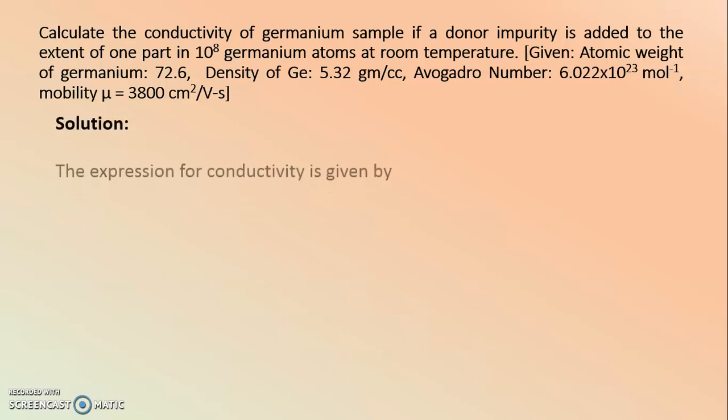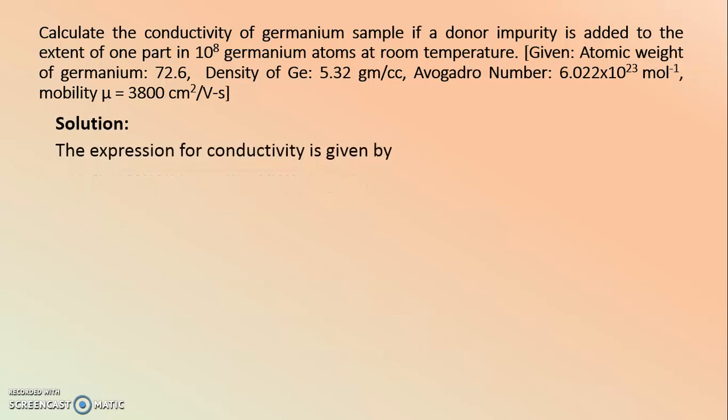The expression for conductivity is sigma is equal to n into e into mu suffix e. n is the carrier concentration, e is the charge, and mu suffix e is the mobility of electron. So first we should know the value of n.